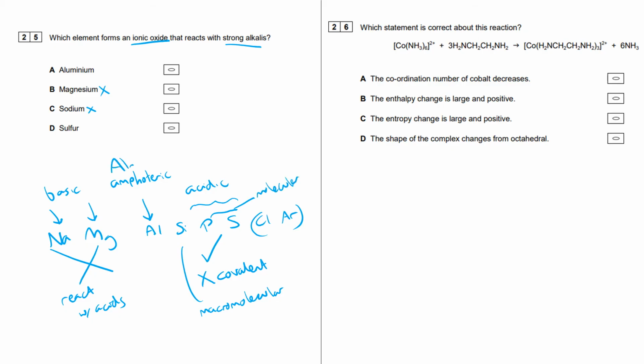Aluminium oxide mentioned was amphoteric. It also has ionic bonding. So it's amphoteric, which means it reacts with both acids and bases. The aluminium oxide is an ionic oxide that reacts with strong alkalis and strong acids. Aluminium is correct.